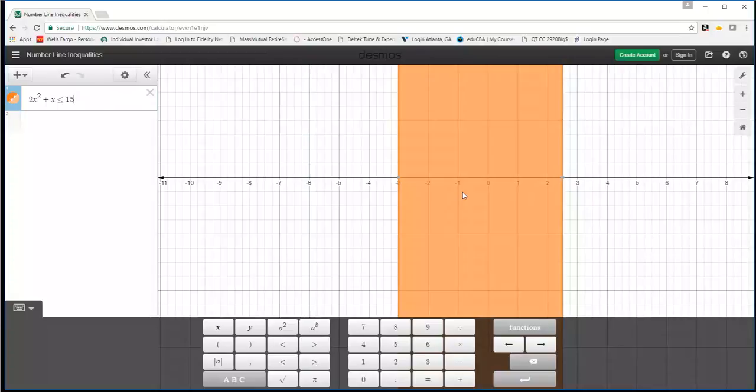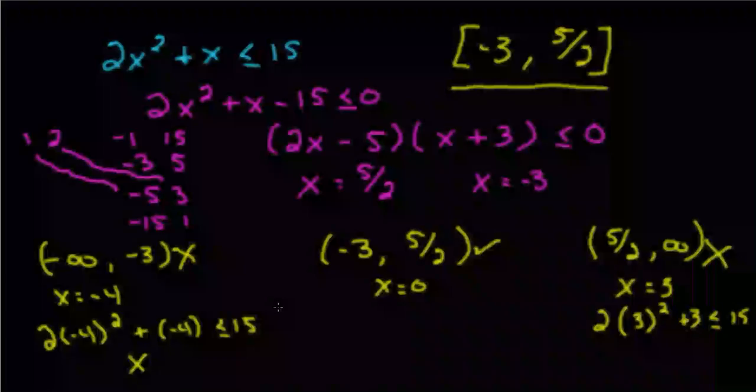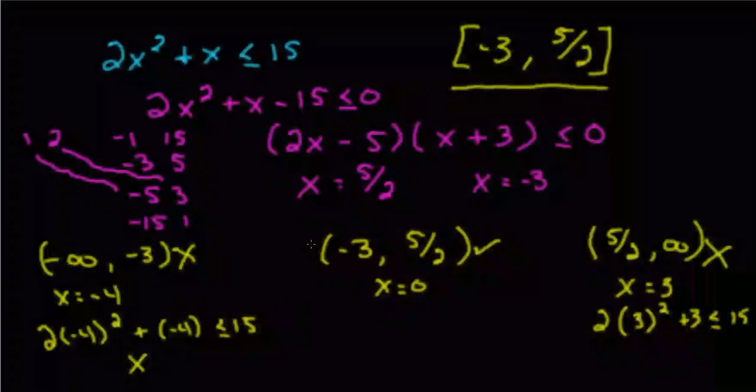That's our solution set for that inequality. So that's how we solve inequalities involving quadratics. We have to find the points of interest, and then test the intervals to see if they make the inequality true or not.